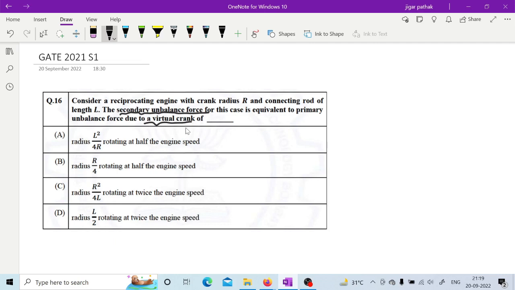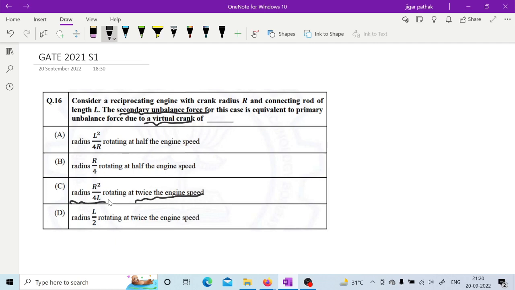See, actually we have seen that, right? The radius is r square by 4l and rotating at twice the engine speed, right? Okay, sir. Yes, sir. I see, r square by 4l. Right, we have mentioned all this.